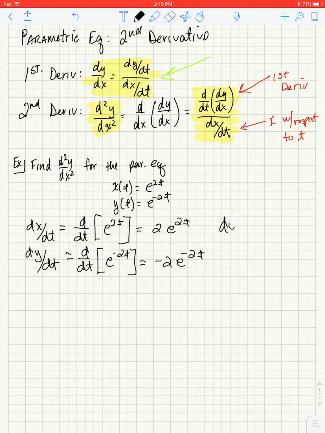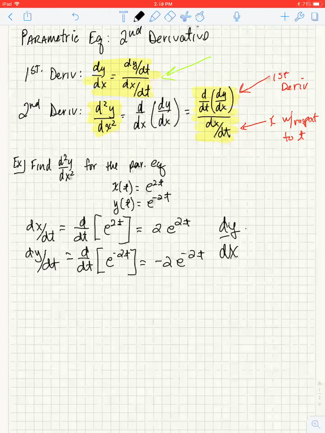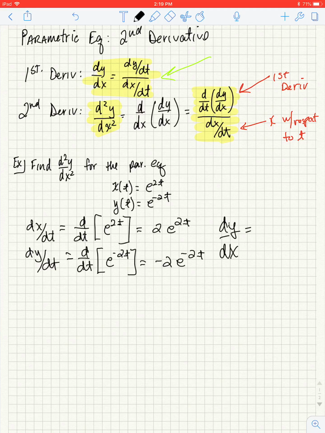So you have dy over dx is going to be dy over dt divided by dx over dt, and hopefully you guys could simplify.